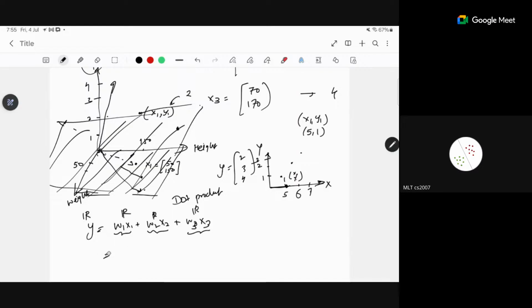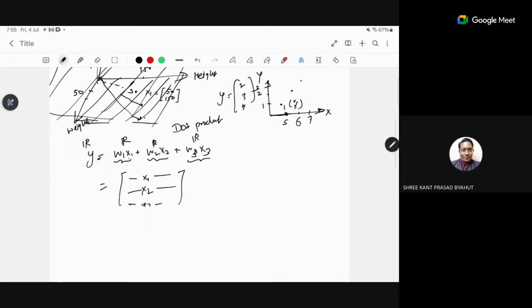But this is not the simple dot product, because x1 is in two dimensions. So when I write x1 x2 like this, what does that mean? Transpose. Transpose is fine, but what is the dimension of this?